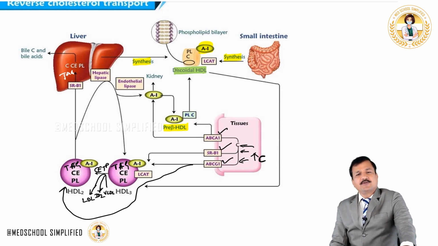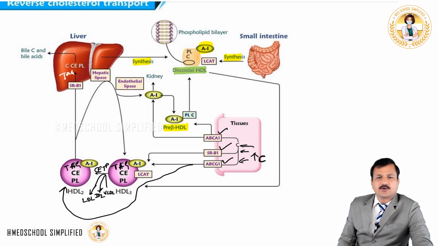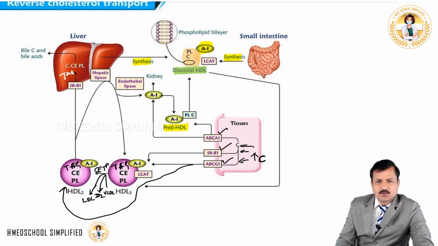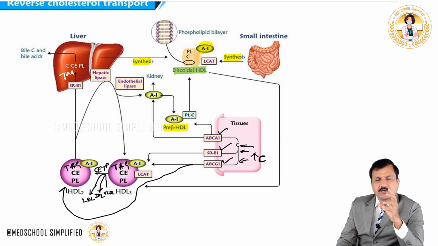Now these ABCA1, ABCG1 and SRB1 transporters transport the excess cholesterol present in the peripheral tissues into the blood circulation, especially when they come in contact with Apo A1 in association with LCAT enzyme, which is basically part of nascent discoidal HDL.